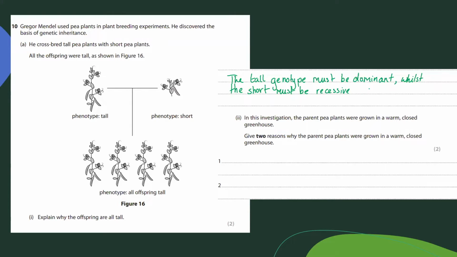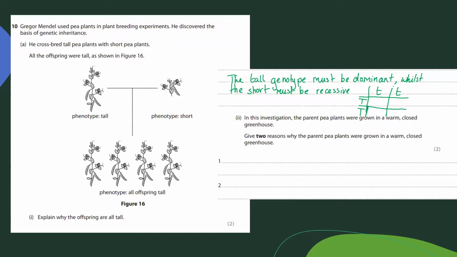So yeah, a good way here is to draw a diagram, a Punnett square. The short one we can say we'll do a small t, and tall is a capital T. You always use the same letter for the same allele, so the same type of gene.